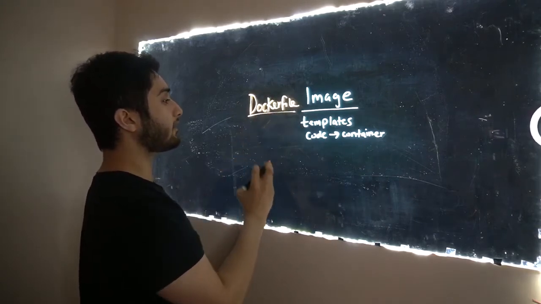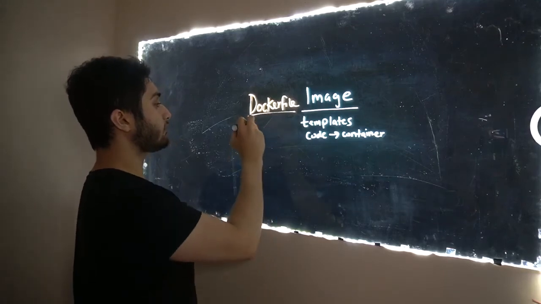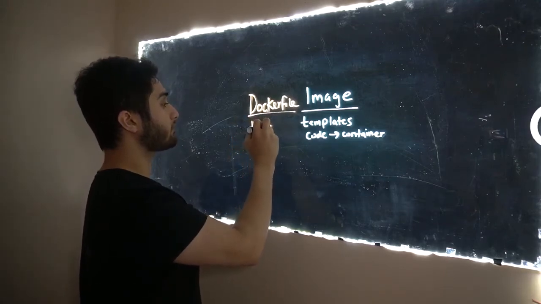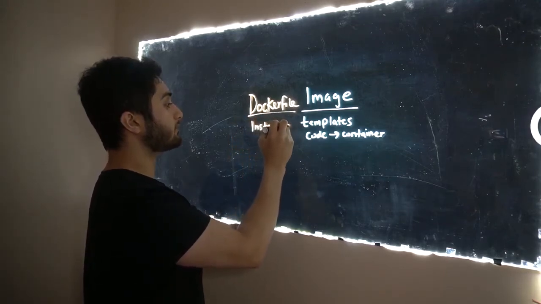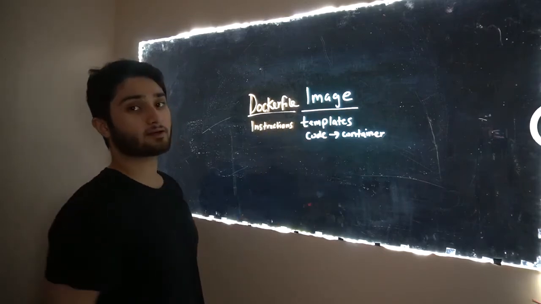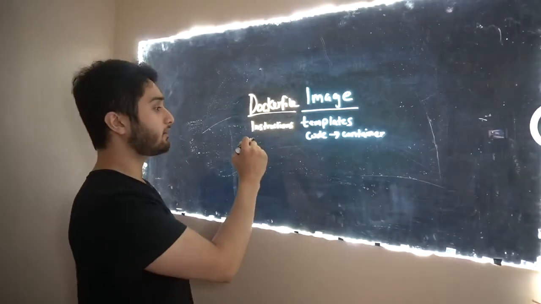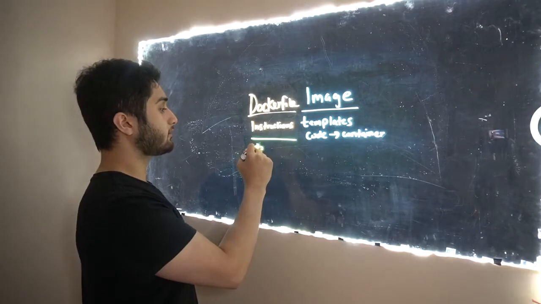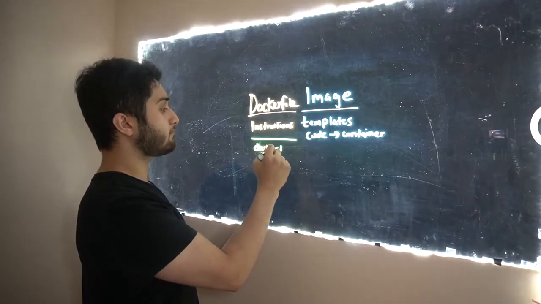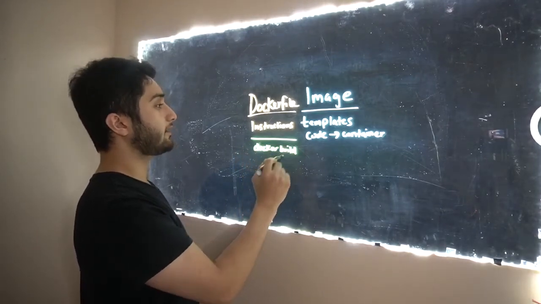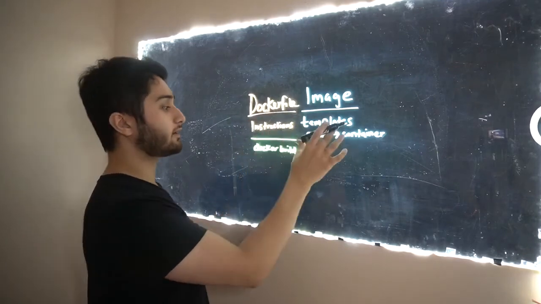And a Docker file will essentially contain all of the instructions required in order to assemble the image we need for that Docker container. Once we have our Docker file, we can use a command known as docker build in order to convert this Docker file into an image.